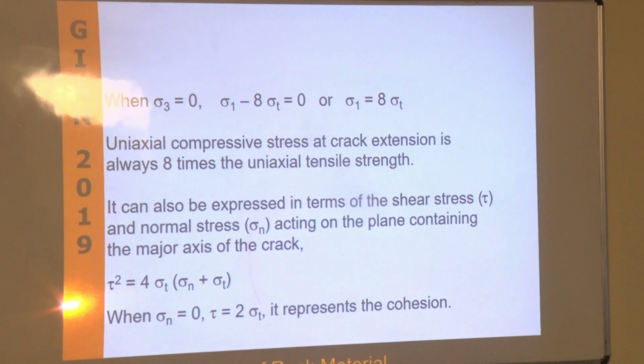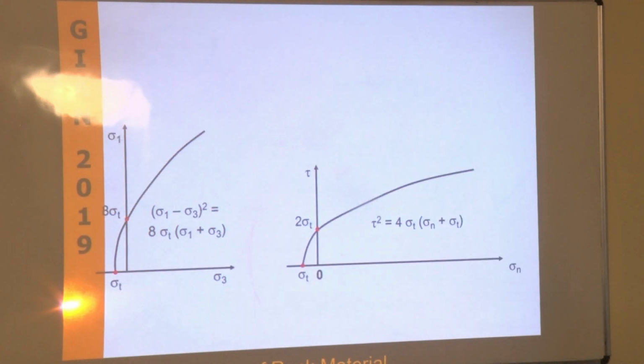What it says is that the crack extension is always about 8 times the uniaxial tensile strength. That is pretty much what this criterion is assuming. Okay, and those are the type of formulations. The interesting part is that, with respect to the Mohr-Coulomb, which is a linear criterion, this one is non-linear.